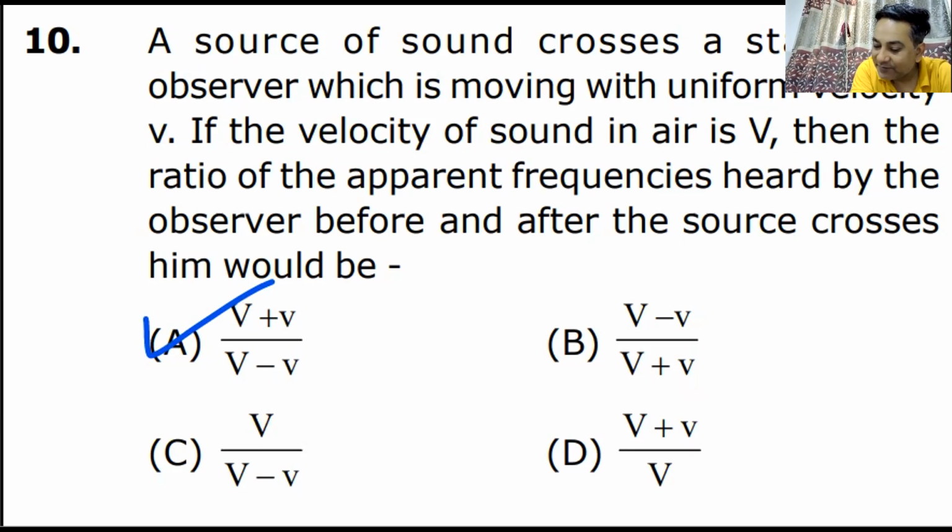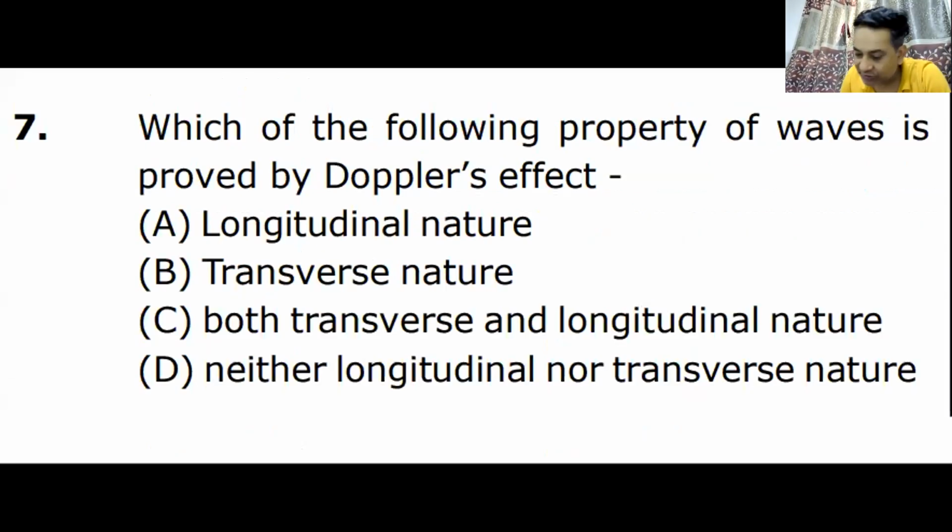This is the next one that comes to you. Let's see who can give me the answer for this one. A straightforward question with a straightforward answer. Which of the following properties of the wave is proved by the Doppler effect? Longitudinal, transverse, longitudinal, neither longitudinal nor transverse.